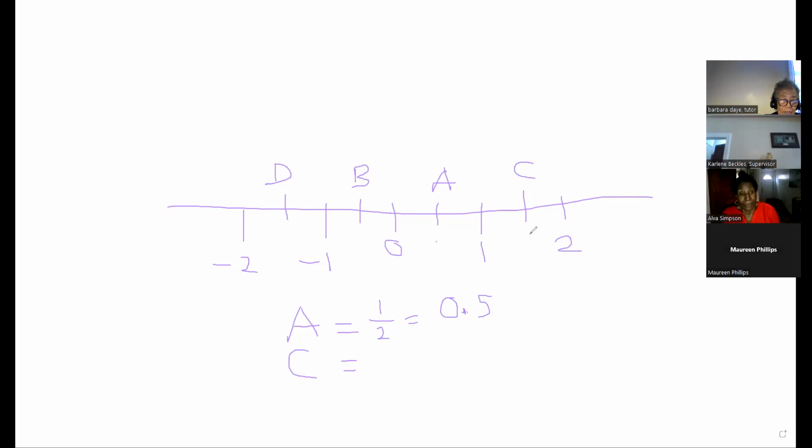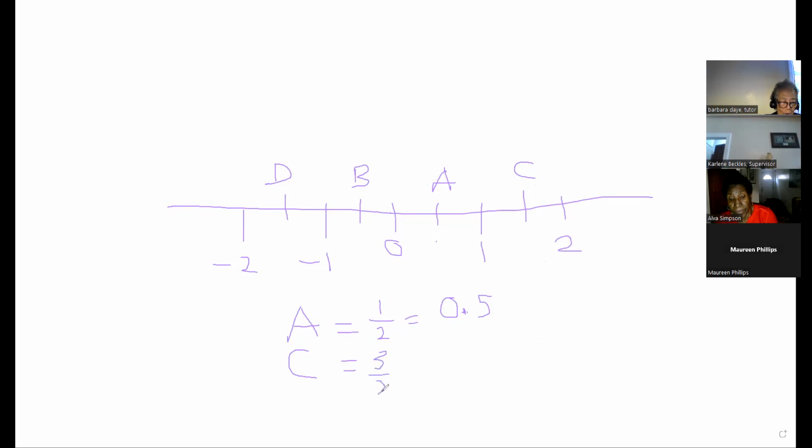What would this be as a fraction? So that's half is 50. 1 is 2/2. This is a half. So what's 1/2 plus 2/2? That's 3/2. Yeah, that's right, 3/2. So you could write it as 3/2.